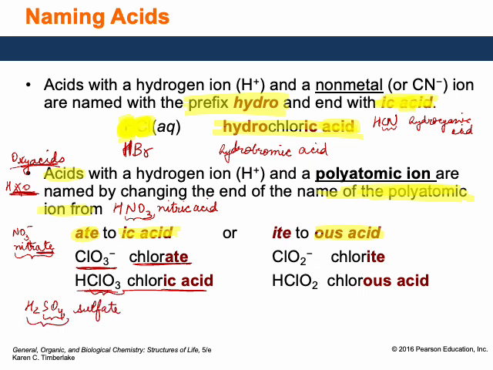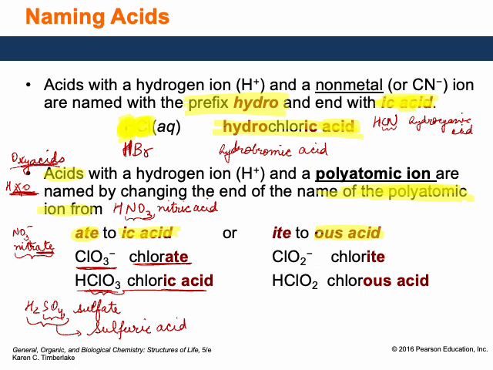Here it is going to be sulfuric acid. Okay, this is a little different. Here we just don't call it sulfic acid, it is sulfuric acid. Okay, so these are some of the examples of the acid naming.